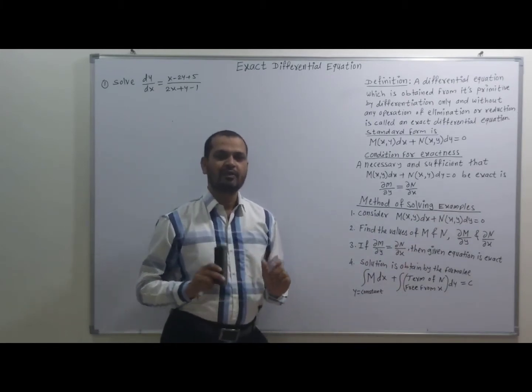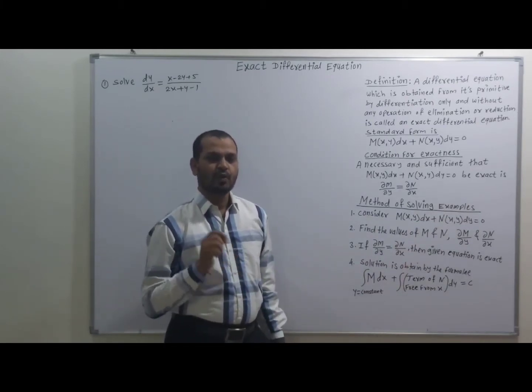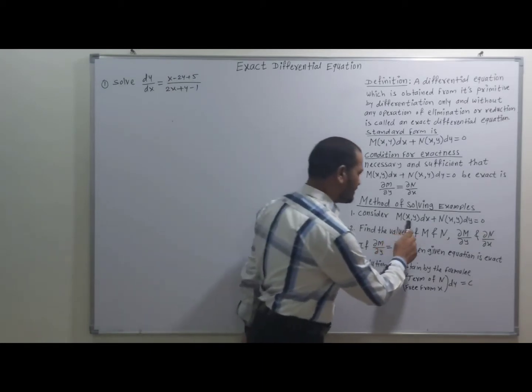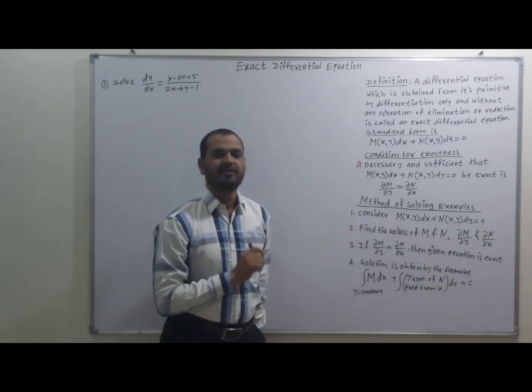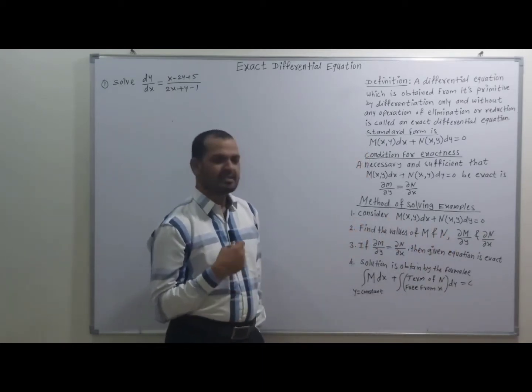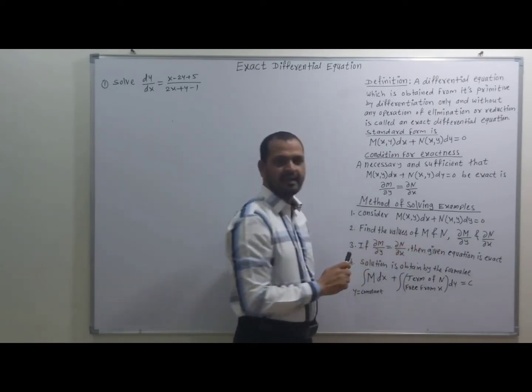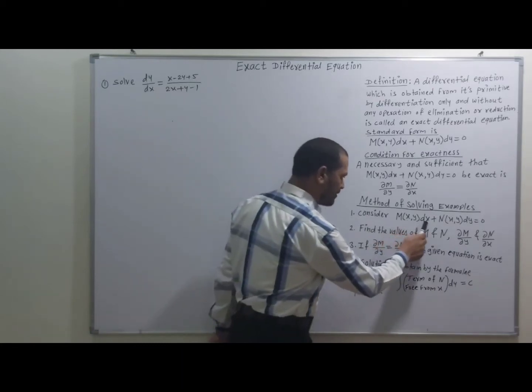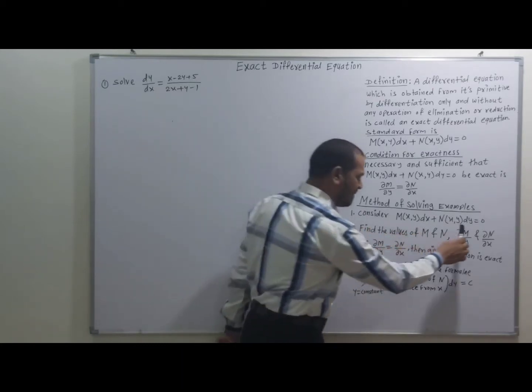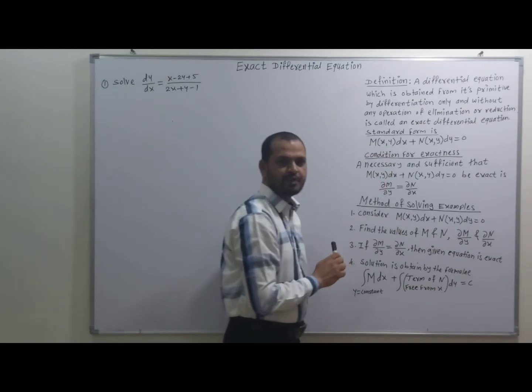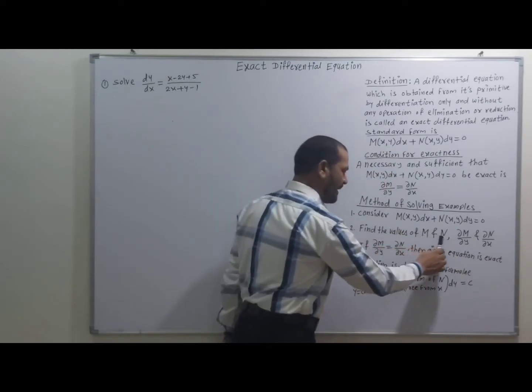That means whatever equation is there, first try to convert it into this standard form. Now friends, the second step is to find the values of M and N. Here M means the coefficient of dx, and N means the coefficient of dy.